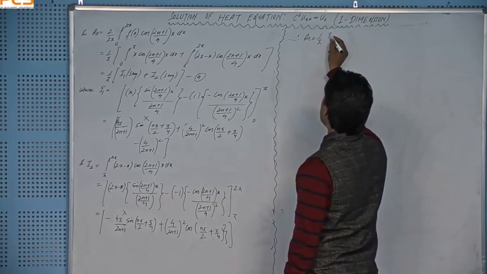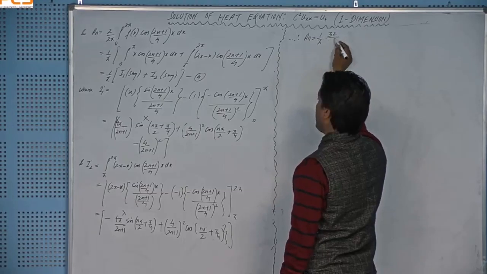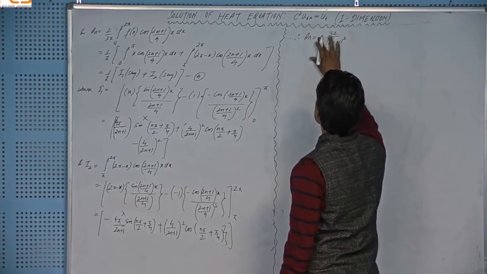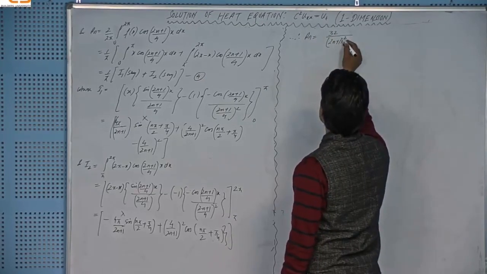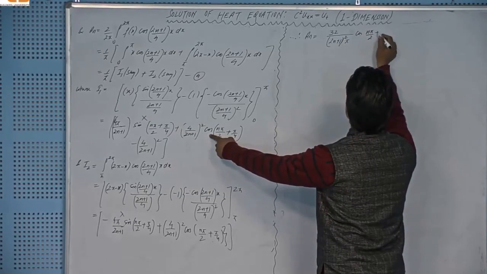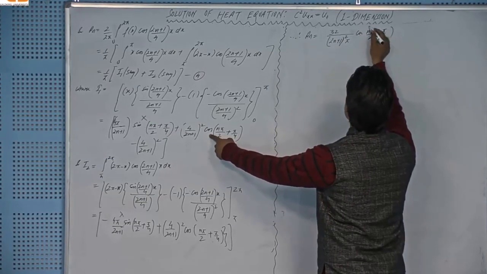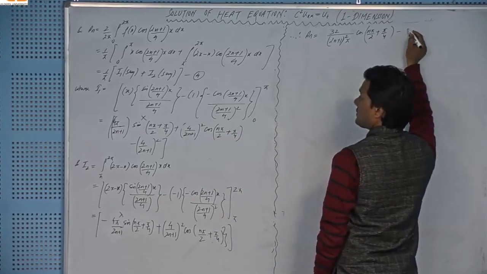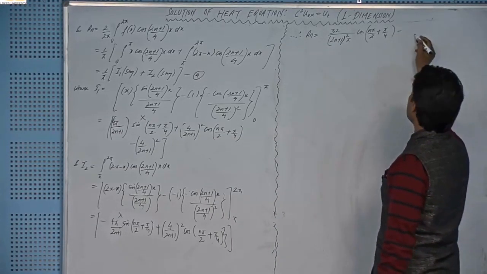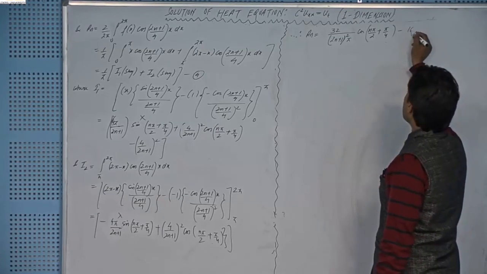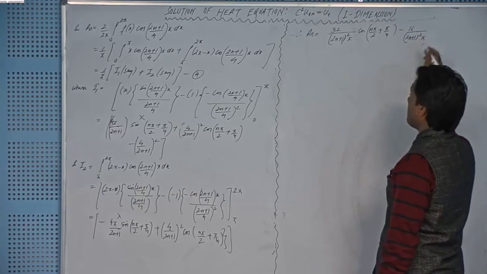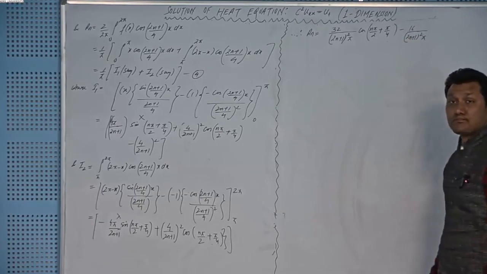So I'm writing that 32 over that (2n plus 1) whole square. Fine. Okay. And this is cos (n pi by 2 plus pi by 4), and this term minus, and for that term we have 1 upon pi waiting outside, so that will be 16 over (2n plus 1) whole square pi. I think I am correct.